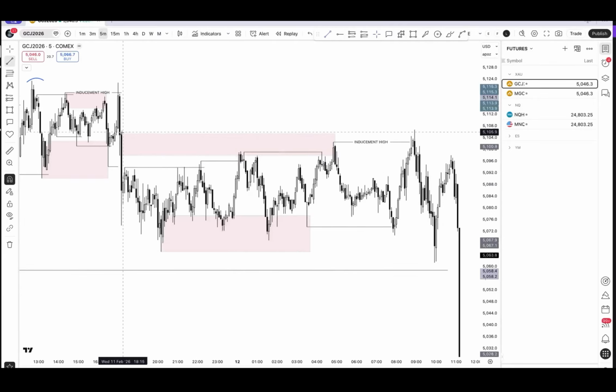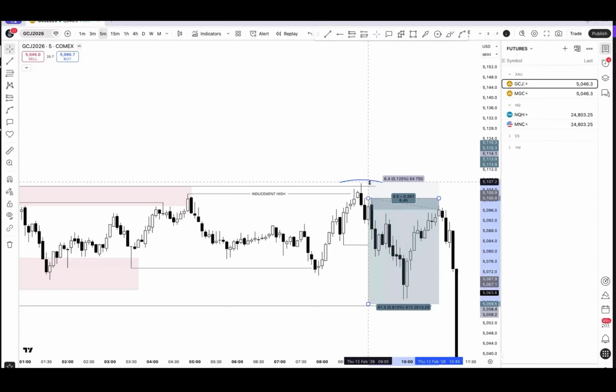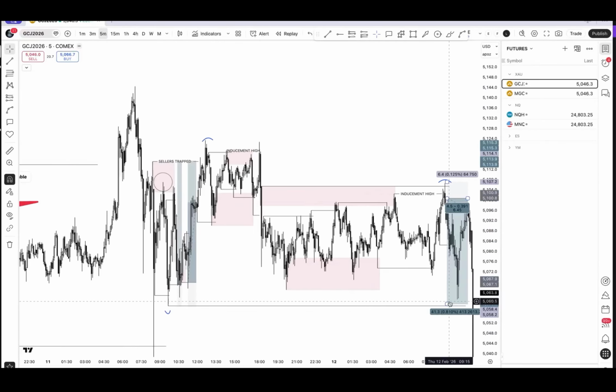As soon as I saw that liquidity block being created, here was my initial entry. I saw price respecting this low. As soon as this little high was taken, sell. Me personally, you have a partial point here.